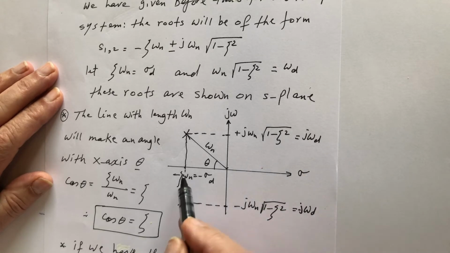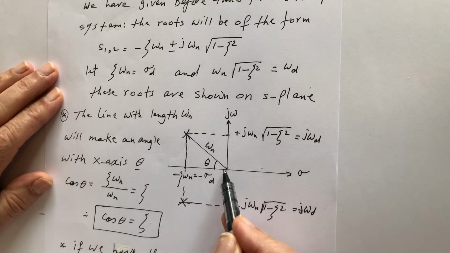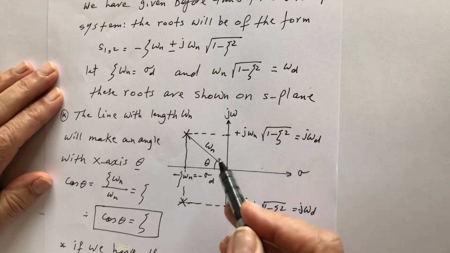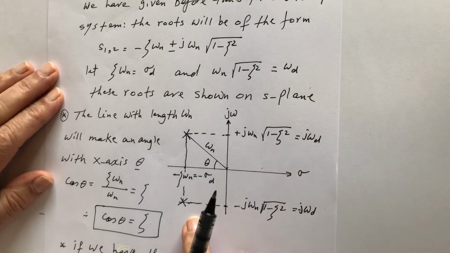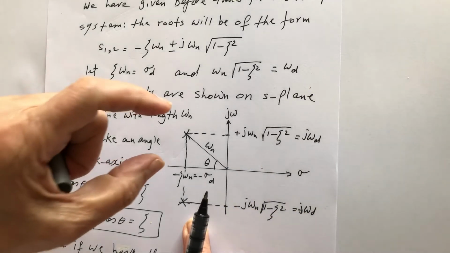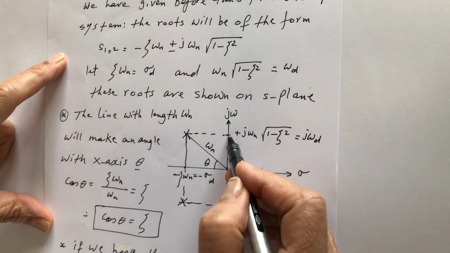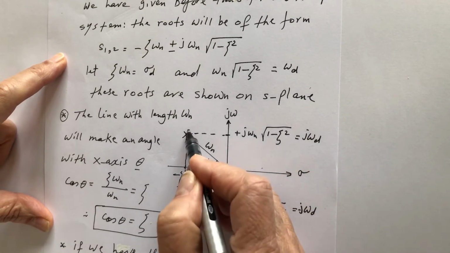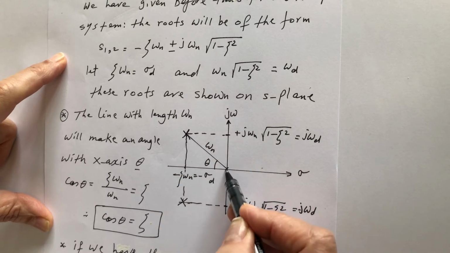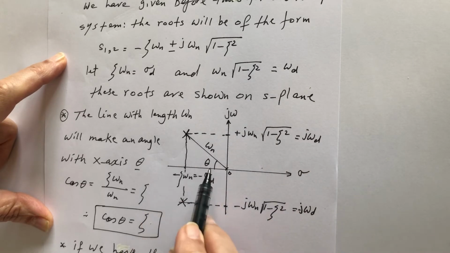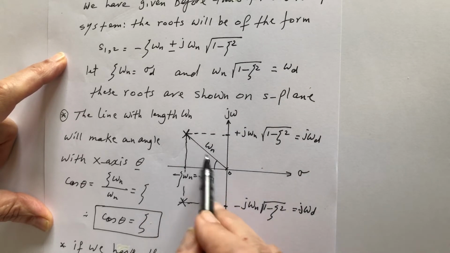Now, we can make a triangle from this part to this part. The pole is at j omega d and zeta omega n is here. If we take from 0 to this point, we have this line, which is omega n, the natural undamped frequency.